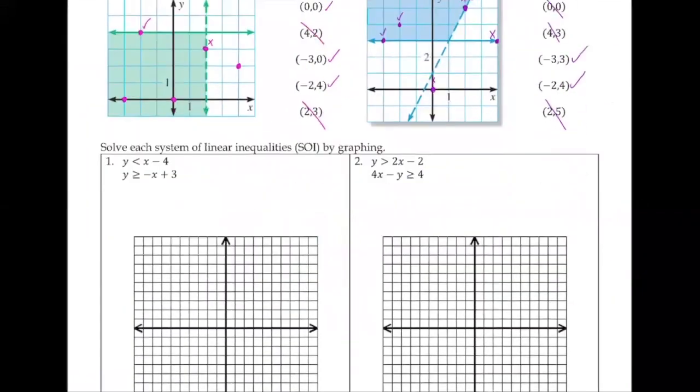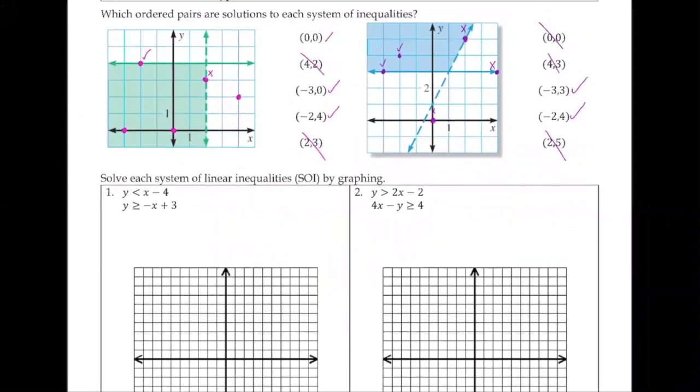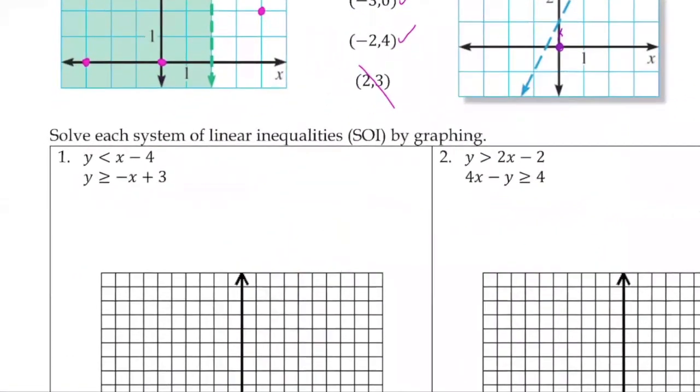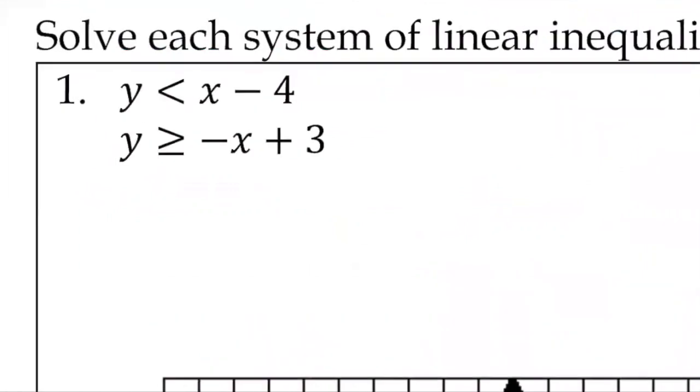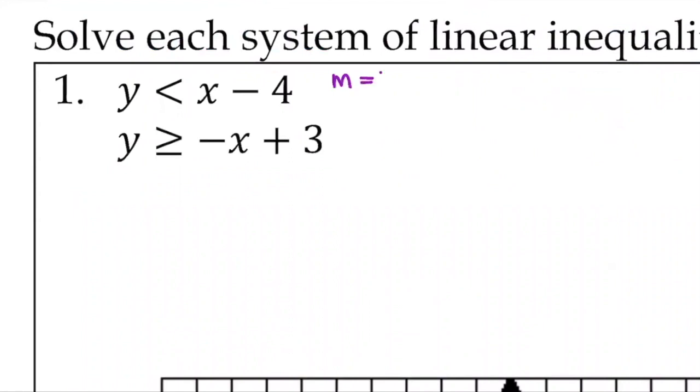All right, so now looking below, we want to solve each system of linear inequalities by graphing. This is just like graphing an inequality from before. Based on my first equation here, I know my slope is going to be equal to 1 because it's the number in front of my x value.